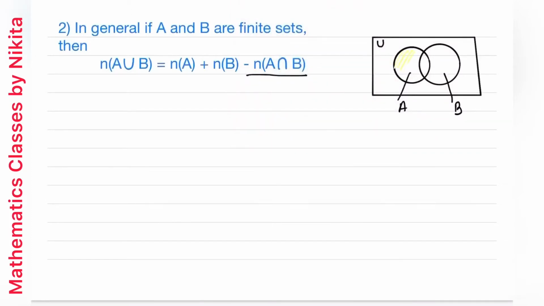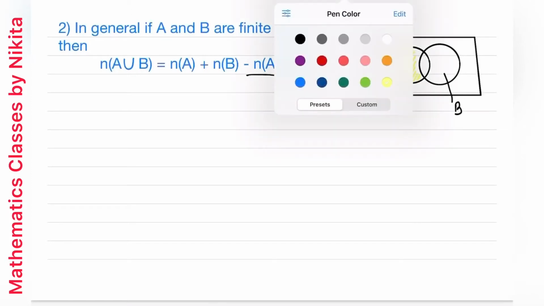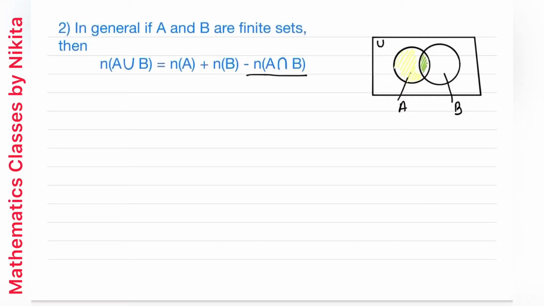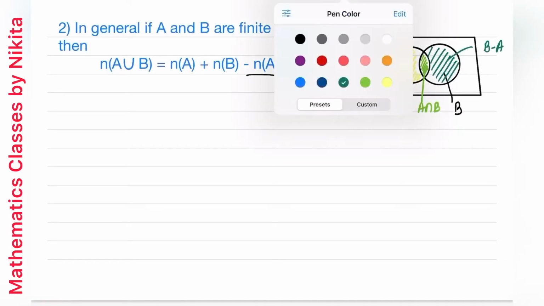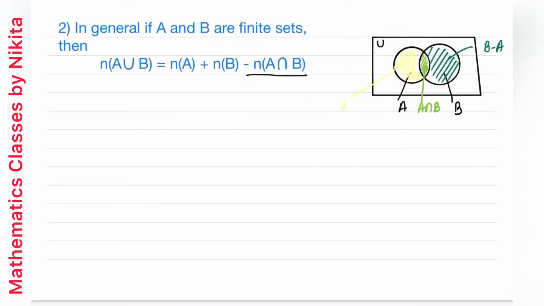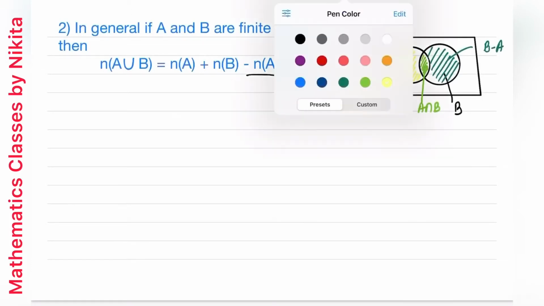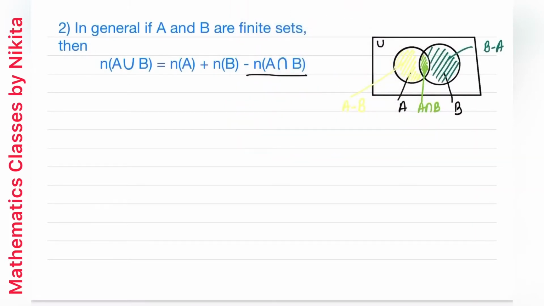I know that this is my A minus B. This is your A intersection B, and this is your B minus A. Now can I say that these three sets, A minus B, A intersection B and B minus A, are disjoint?